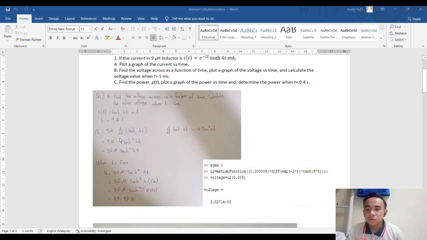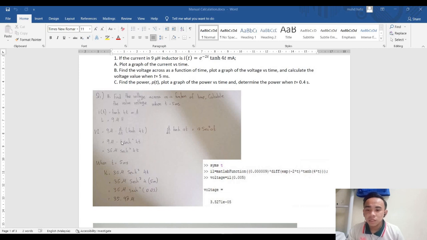To find the voltage, we multiply the inductor and the differentiated I given, which is 4 tanh 40t. We differentiate tanh 40t and get sech squared 40t.